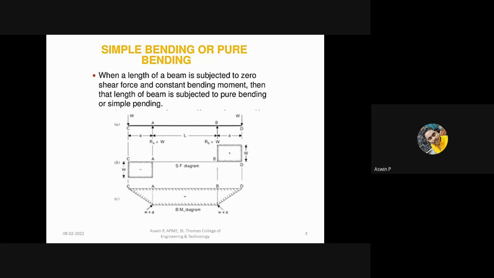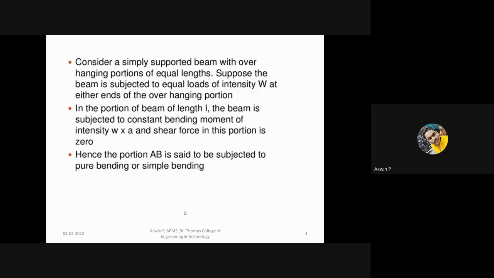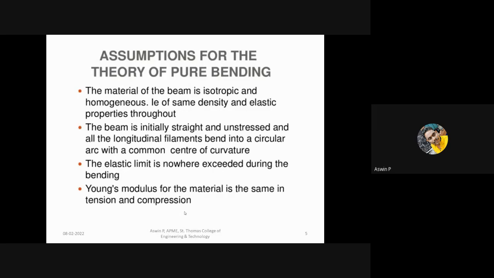When in a section there is zero shear force and constant bending moment, then that length of beam is subjected to pure bending or simple bending. That is what we have seen here. I have explained all these things, so no need to explain further. Hope you can understand this one.